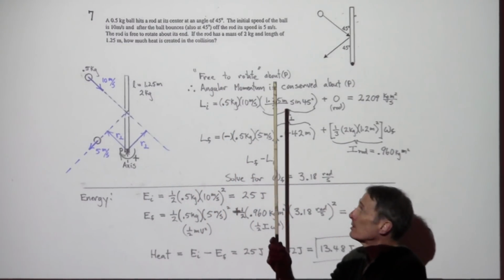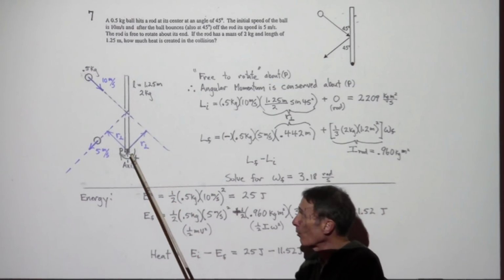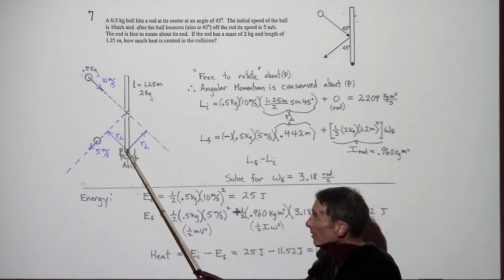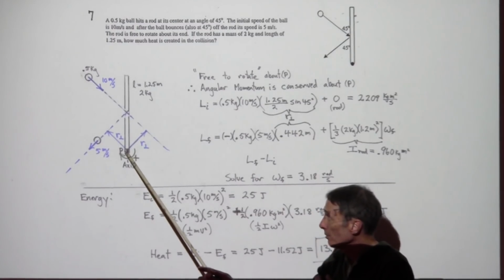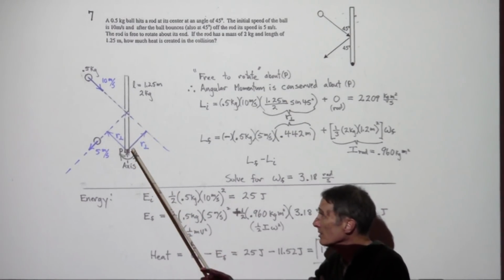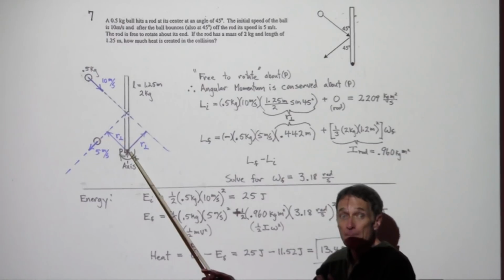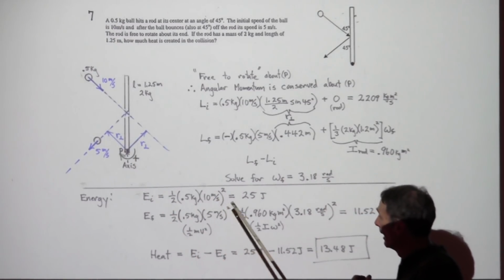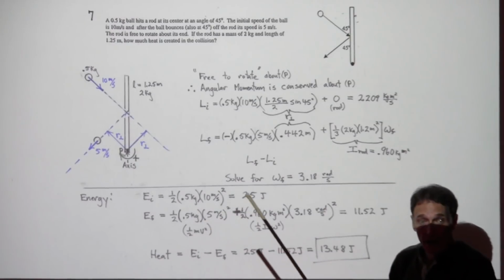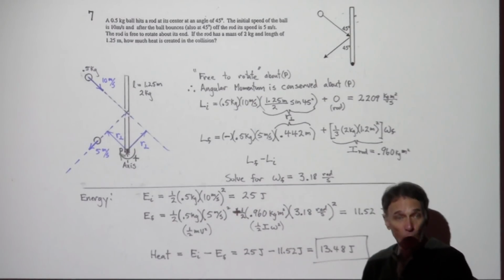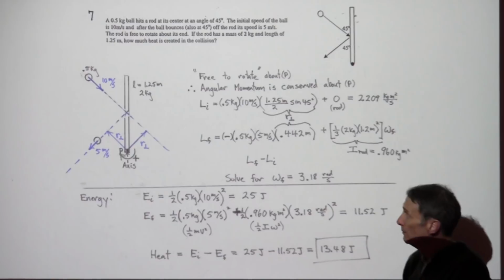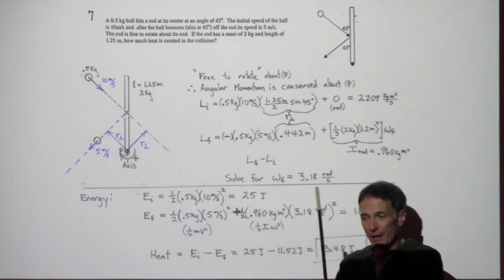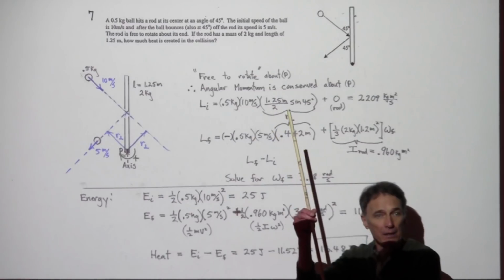So you can use the parallel axis theorem to get at what that is. We had done that earlier, how to get that for a stick around the end. So you didn't calculate that here? I didn't calculate that here. I took it as a known. I did it earlier in the review, but that's a good point. He could not give you that. The book in chapter 10 gives you the rod both about the center and about the end.